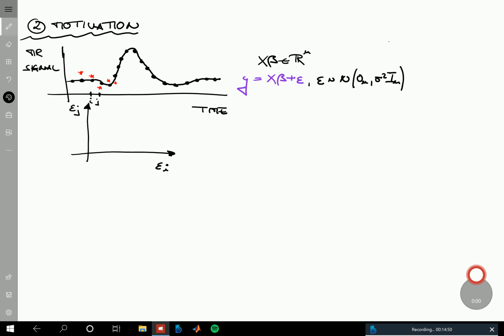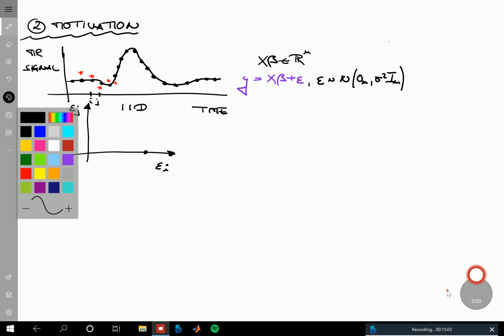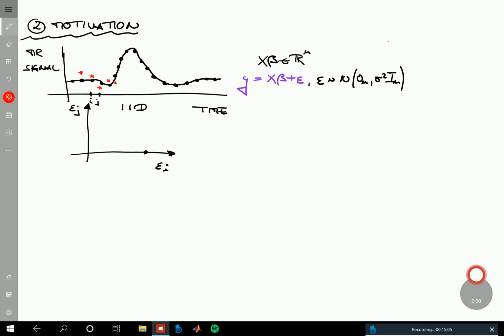Now the IID assumption means that if we sample a large value for epsilon i, so for example, we sample this, maybe I make it red because that's how it is above. We sample this here for epsilon i. Then the probability to sample a large or a small value for epsilon j is equally large.